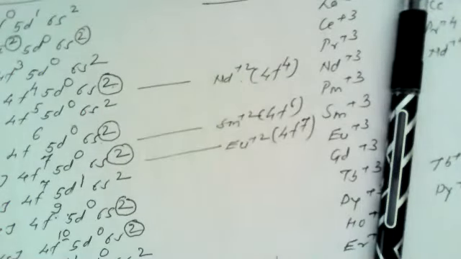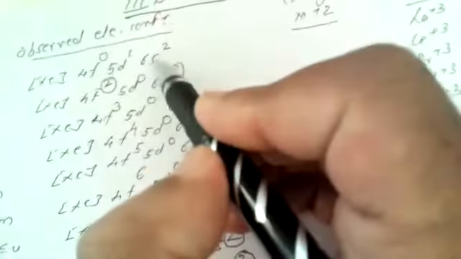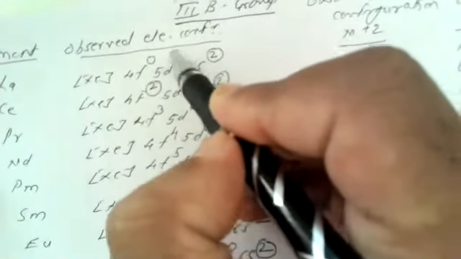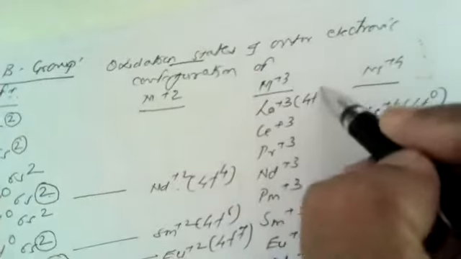How can we write the electronic configuration for lanthanum +3? If we have to write the +3 configuration of lanthanum, it should lose 2 electrons from 6s and 1 electron from 5d. Loss of 3 electrons leaves no electrons in 4f. So 4f0.